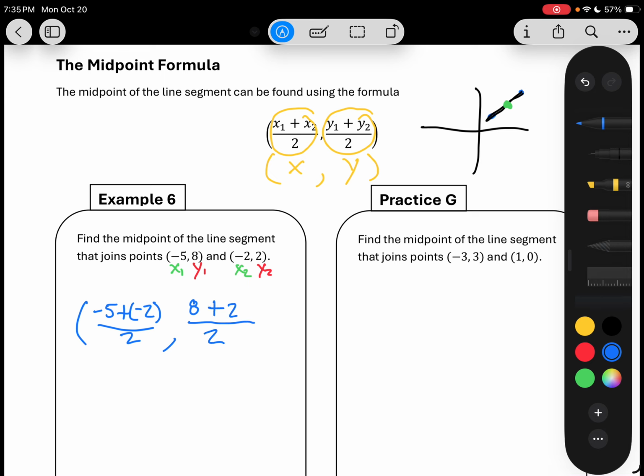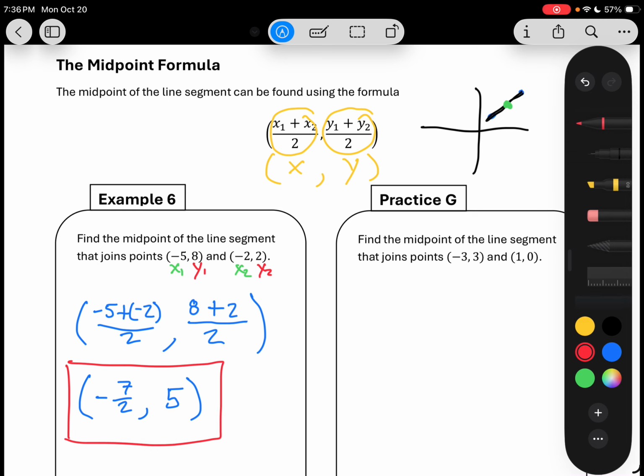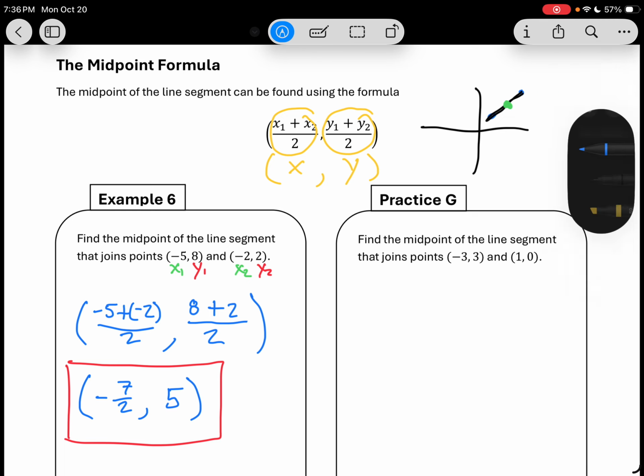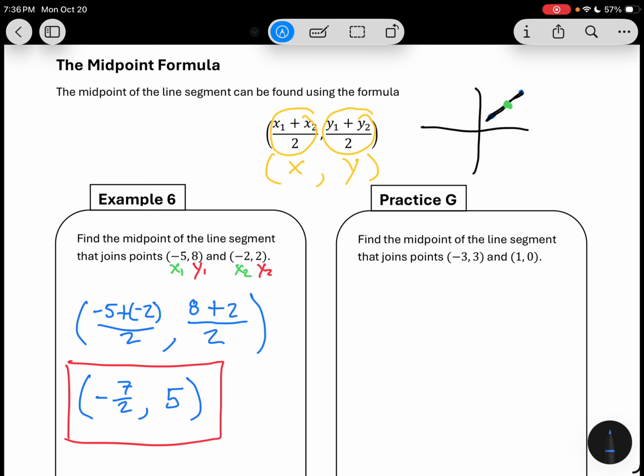And that's all being divided by 2. So this would be -7/2. You could say -3.5, but I like to keep it as a fraction. And then that actually works out nicely on that one. So negative 7/2 and 5 would be the x and the y for the midpoint in between those 2 points. Go ahead and pause the video and do practice G.